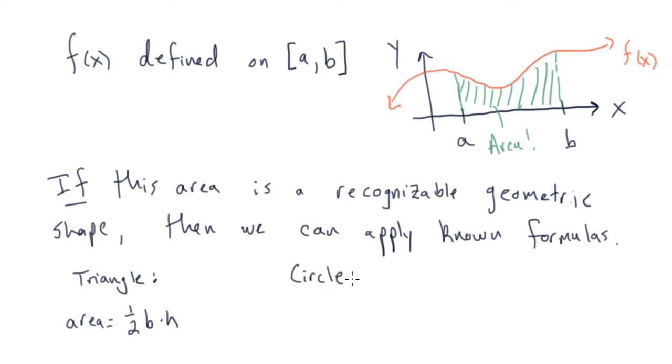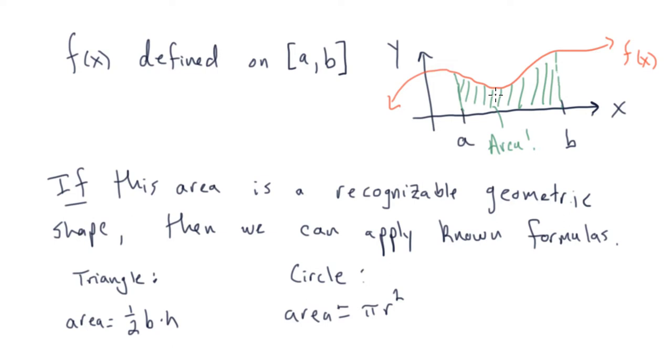And if we have maybe a circle, of course we just have pi r squared. So if the graph of a function consists of pieces of circles, so sectors of circles, then we can just use the area of a circle and divide it up appropriately.